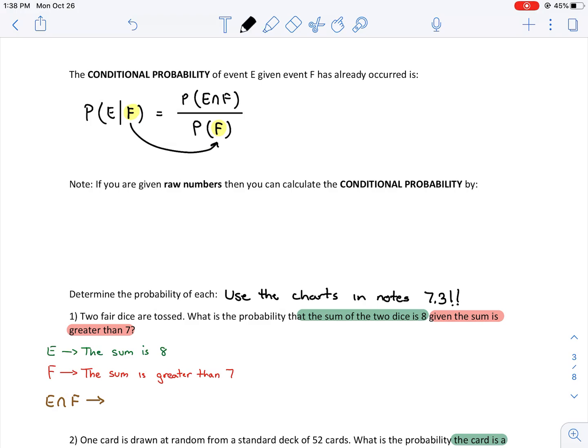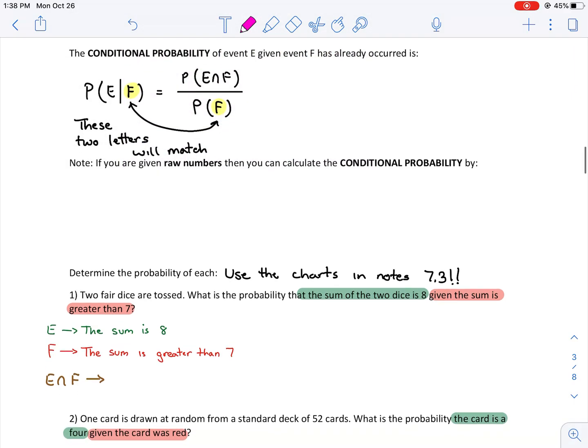And in this case, and in every case, these two letters will match. And again, that's because we know that F has already occurred, so the probability of F has to go in the denominator.